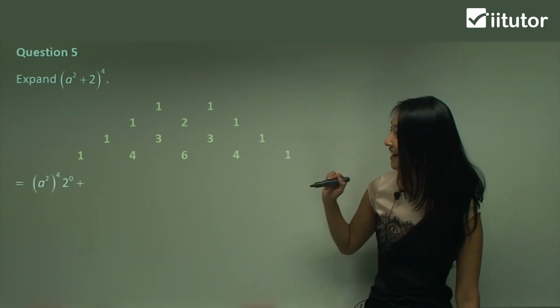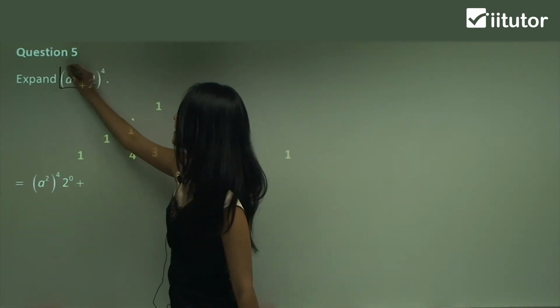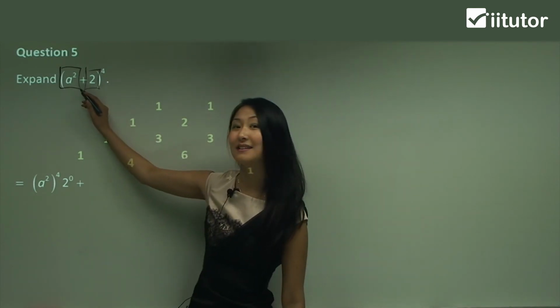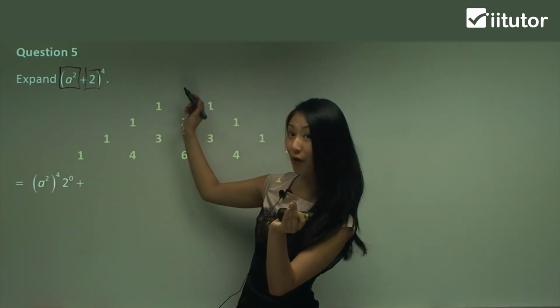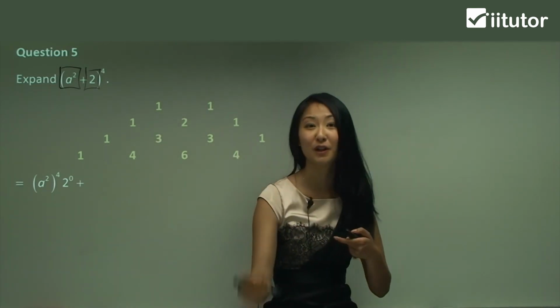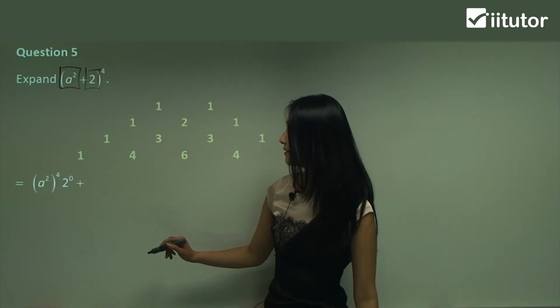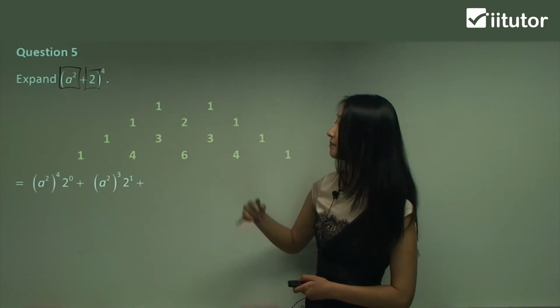Okay, now to expand this, just think about this is our first term that we're expanding and this is our second one. So we have a squared and that whole thing, brackets, to the power of 4. And this is 2 to the power of 0, all right? Following your same patterns, subtract 1, add 1. So that becomes power of 3, power of 1.